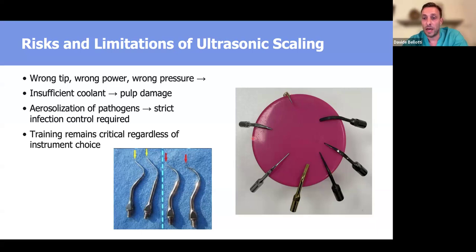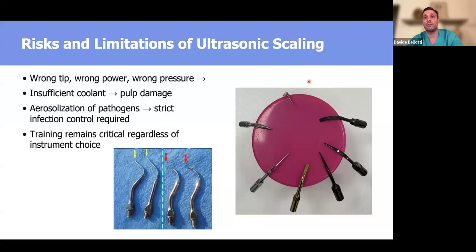And here we have the standard tips: supragingival, universal, the one that we usually use. Then we also have perio tips for normal scalers, like the EMS scaler, the red ring scaler. We can find the right tip and use it in a proper way.